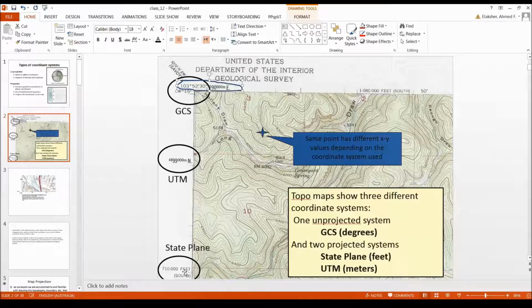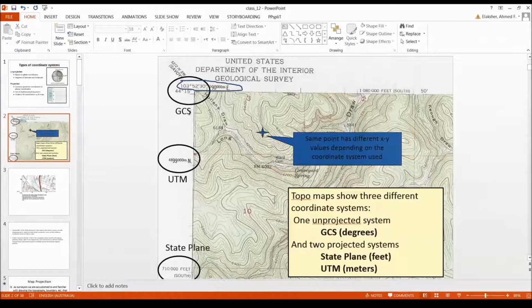Another important thing for the state plane and the UTM is what units we are using. UTM, Universal Transverse Mercator, we'll talk about it, uses meters. State plane, you have to be careful. Which state plane are we talking about? We'll talk about that in the next lecture. So these are some of the important comments.